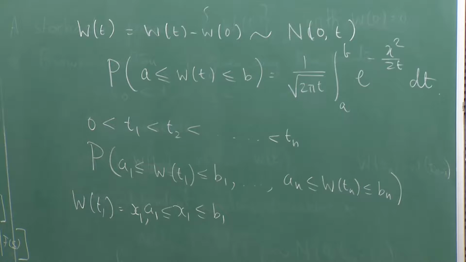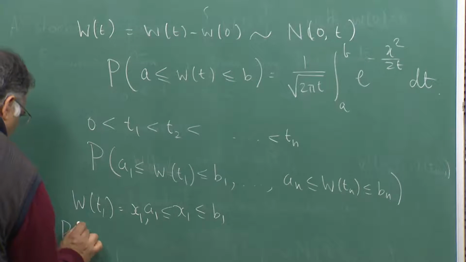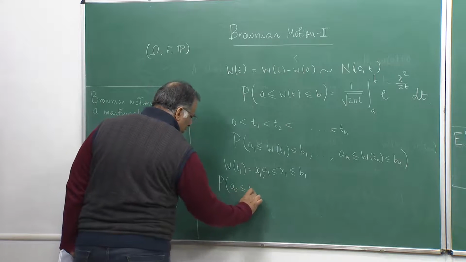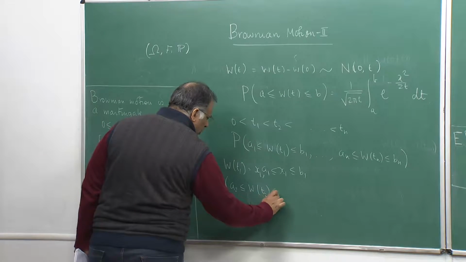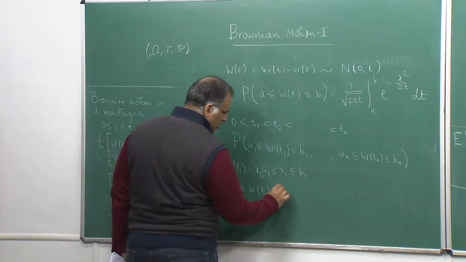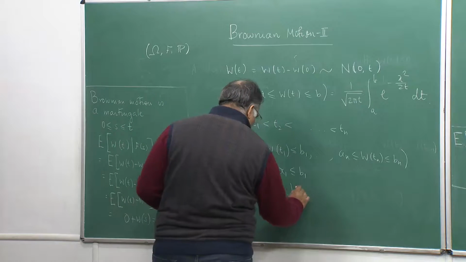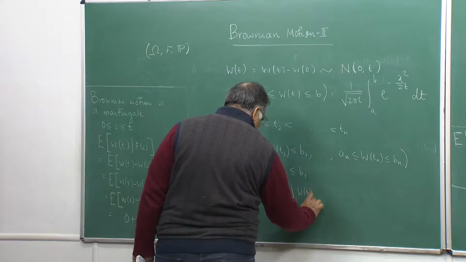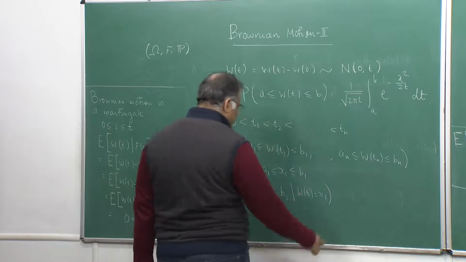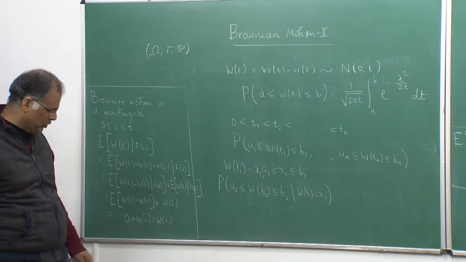What I now want to calculate is the probability that Wt2 lies between a2 and b2 given that Wt1 is x1. That is what I want to do.